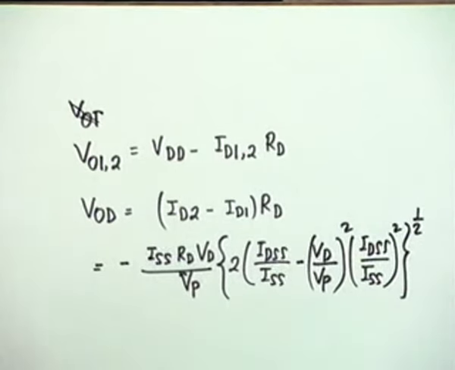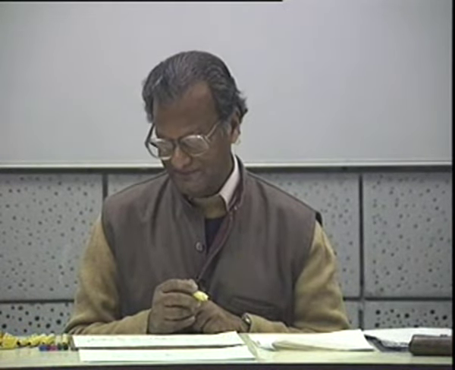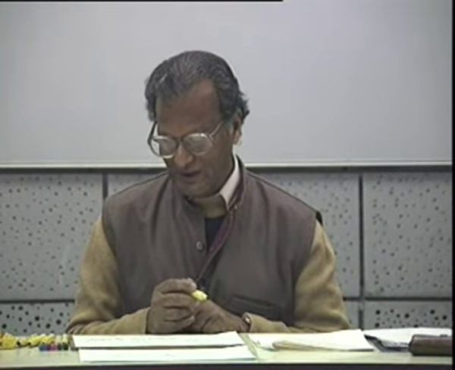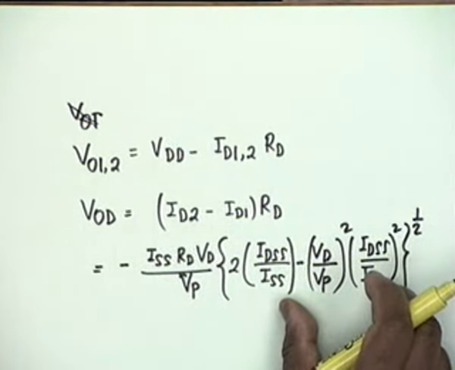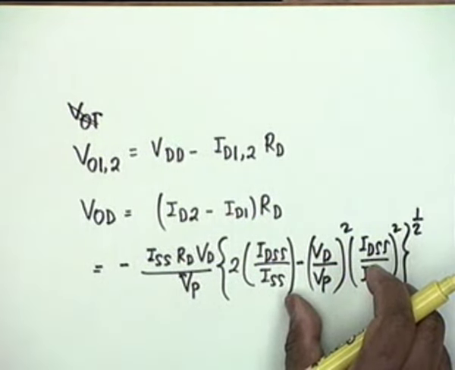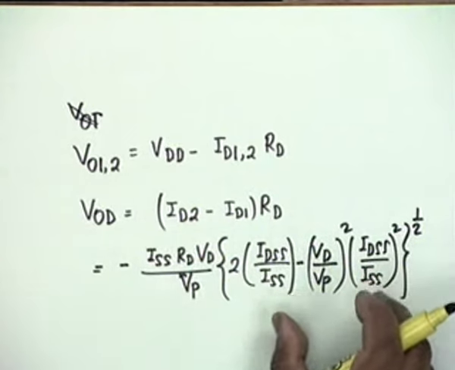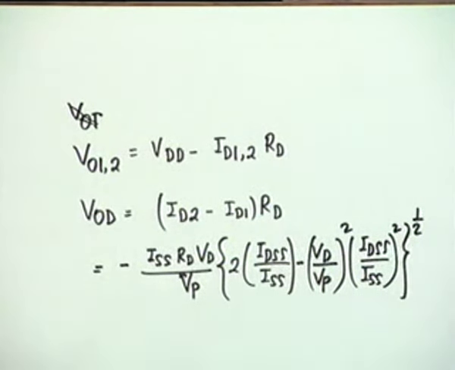This is also a quite involved expression, and it is a quadratic expression. So where is the bracket after 2? Ending? Oh, here. Thank you. This comes from the expression for VGS1 minus VGS2. The same expression is repeated here.